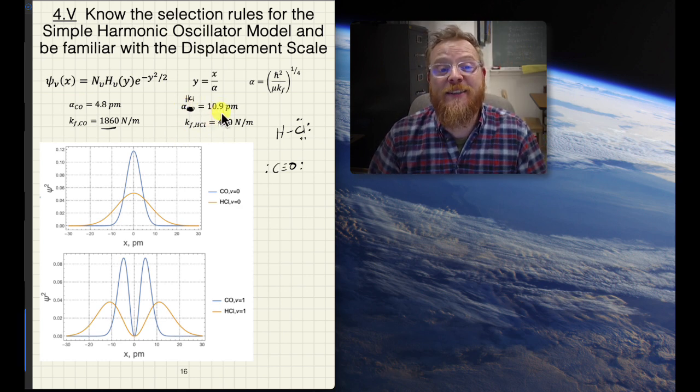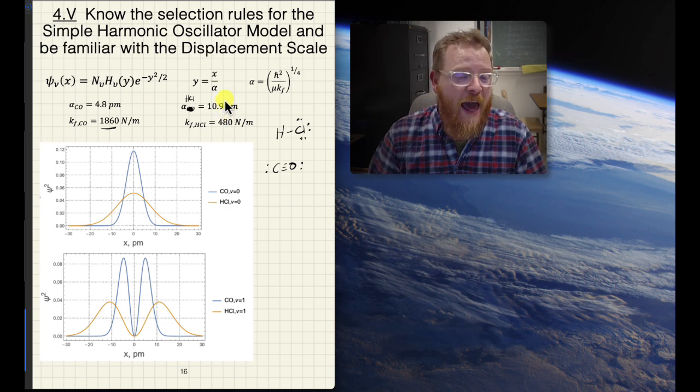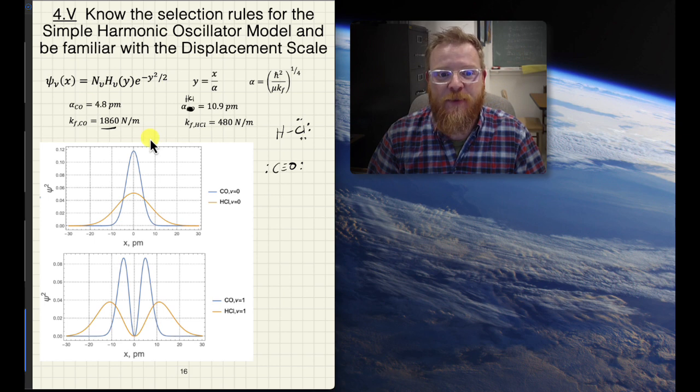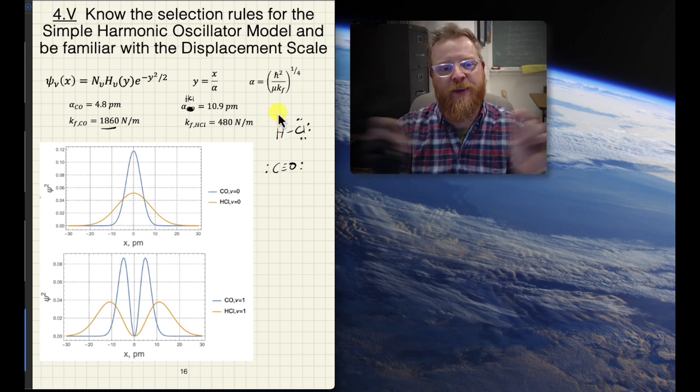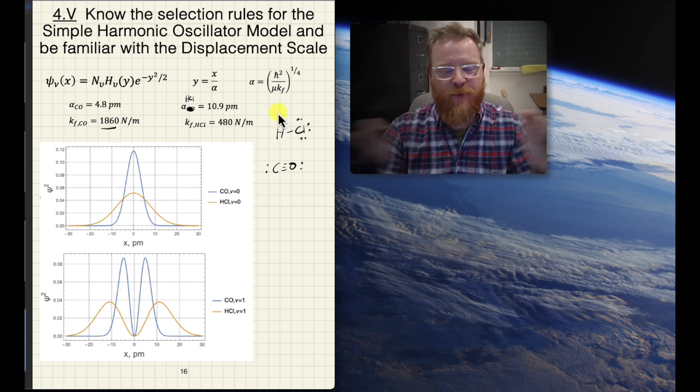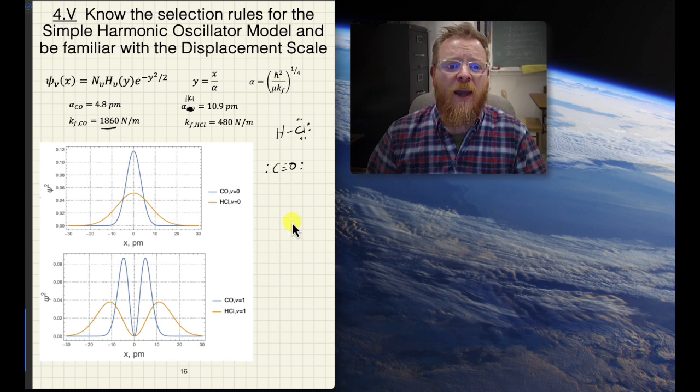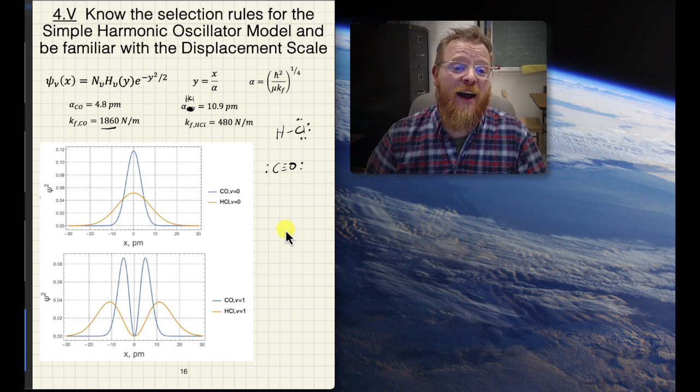You can see we get a significantly larger value for our displacement scale for HCl, more than twice that of carbon monoxide. And we can see our force constant is about a third of that of the carbon monoxide. So HCl is a really floppy bond. It can really stretch. And as it turns out, HCl is actually an ideal molecule for the simple harmonic oscillator.